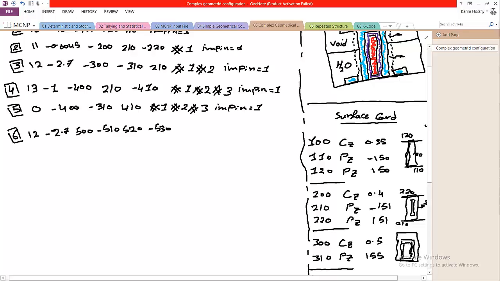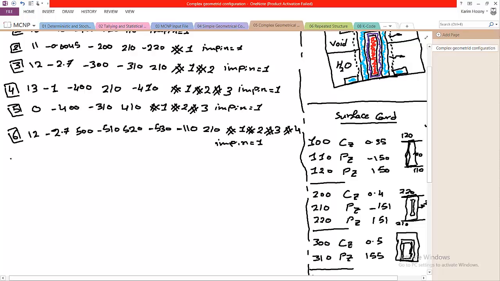After that, we have to specify the z direction, which will be positive 100 and negative 110, and the positive direction of 210, excluding the cells 1, 2, 3, and 4. Importance of neutron equals 1.